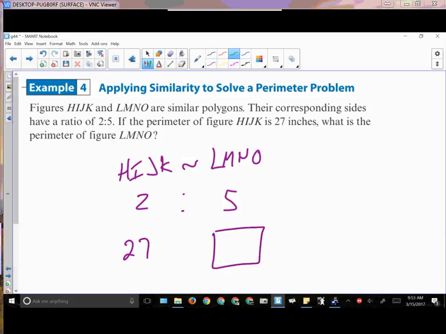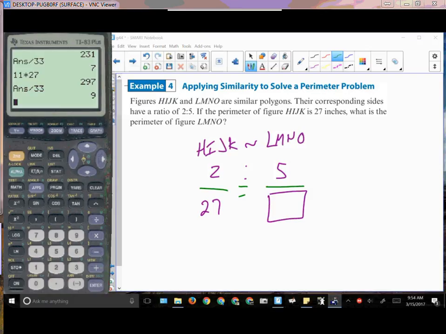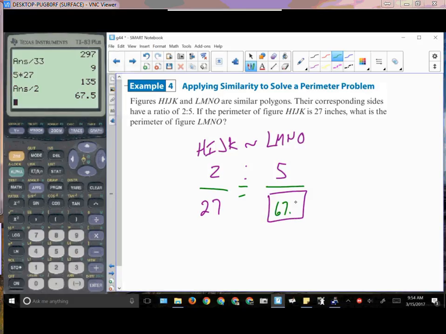I would rather set it up like this. Because if I do that, then I know exactly what I got to do. 5 times 27 divided by 2. So that means that I would take 5 times 27 divided by 2, and I end up with 67.5.